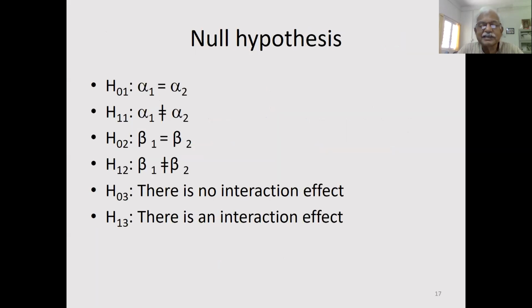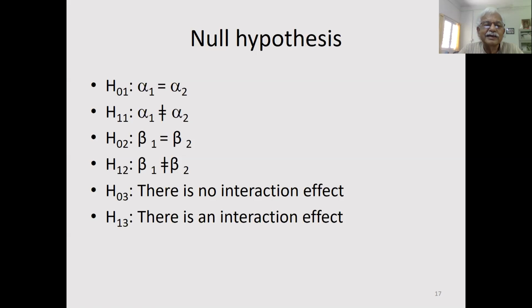The null hypotheses are of the forms that alpha 1 and alpha 2 are same, means effects of males and females, the two genders, are same, or there is no difference between males and females. Also, there is no difference between urban and rural areas, so beta 1 equal to beta 2, and there is no interaction effect. The null hypotheses are stated in the form of non-difference.